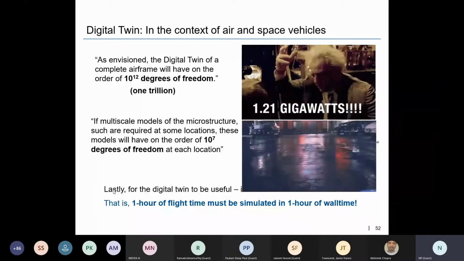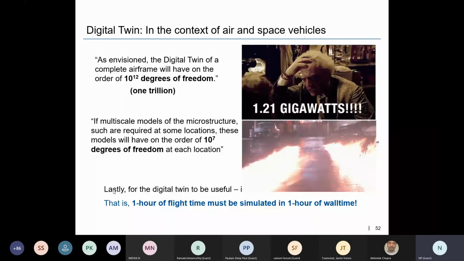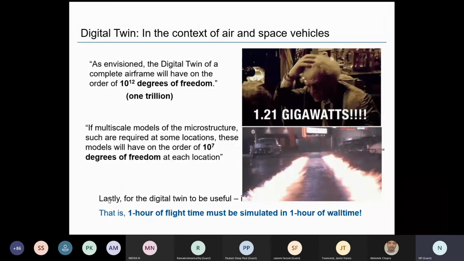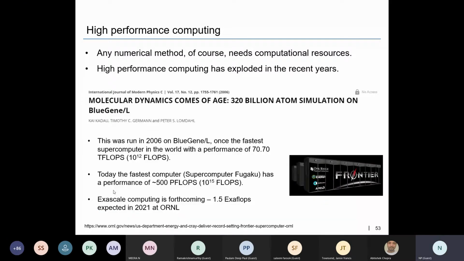The situation is not that bad yet, I would say, because we're making great advances in supercomputing. For example, when I was a PhD student, I came across a paper where in 2006 they simulated 320 billion atoms on the Blue Gene supercomputer at Los Alamos National Lab, which was the fastest supercomputer in the world, with a performance of 70.7 teraflops, right?